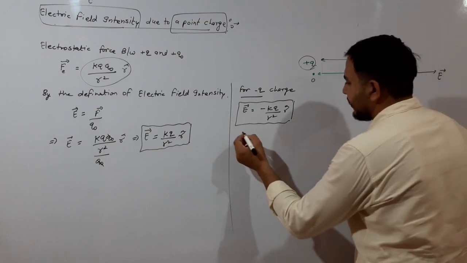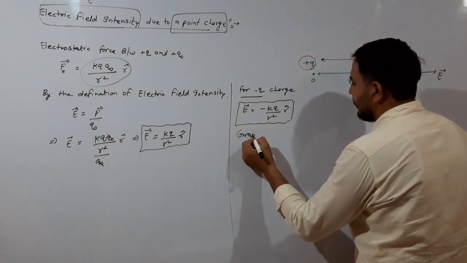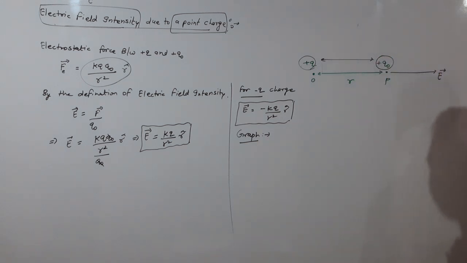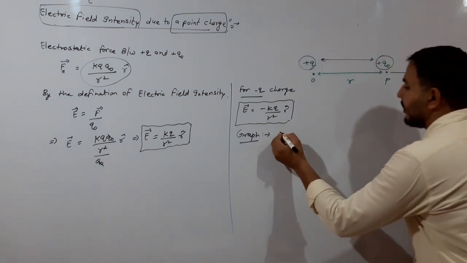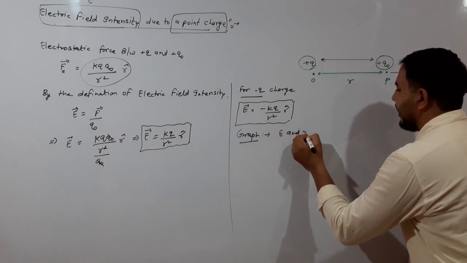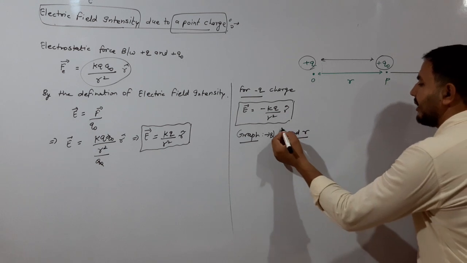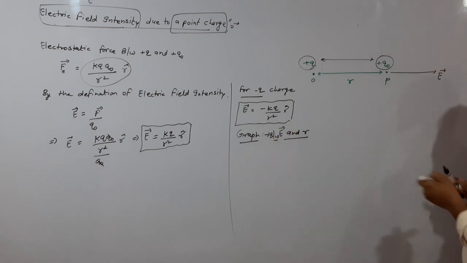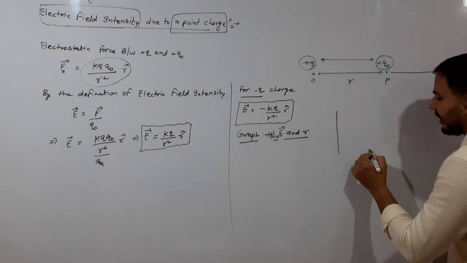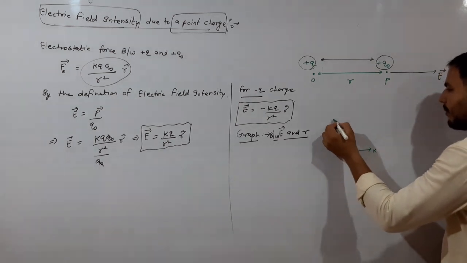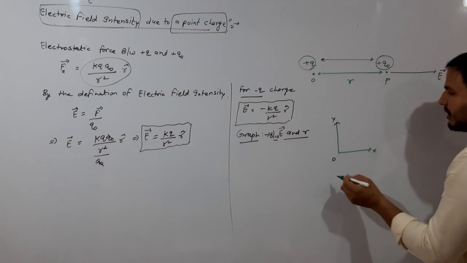Next step, graph. What is the graph between E and r? Between E and r, you can make two graphs. x-axis, y-axis, this is the origin.